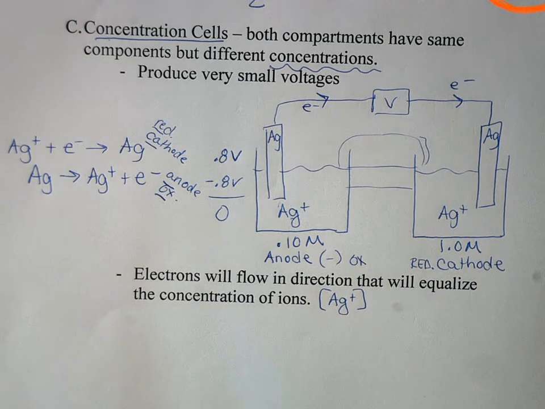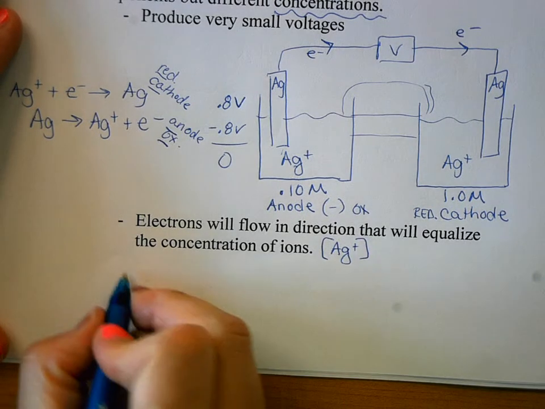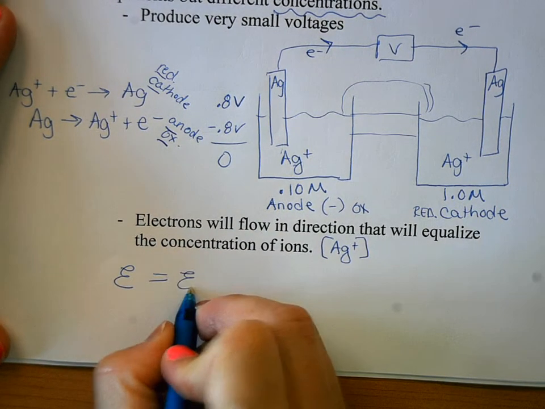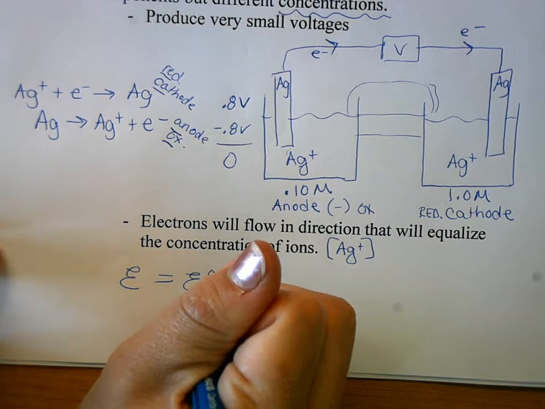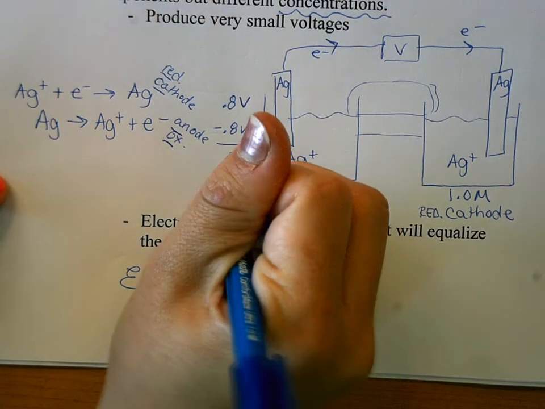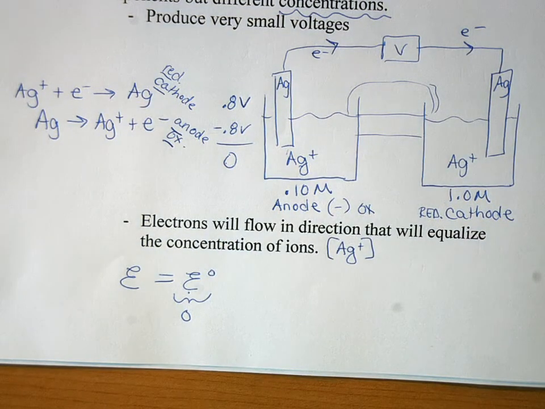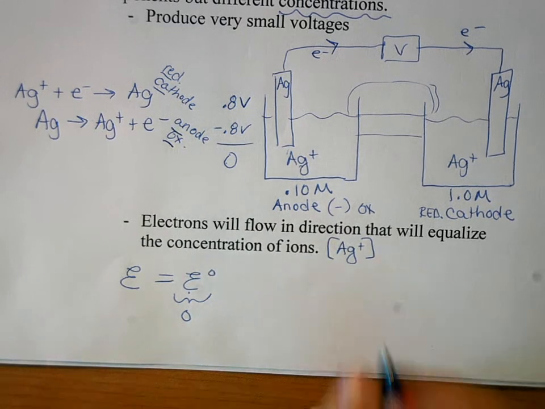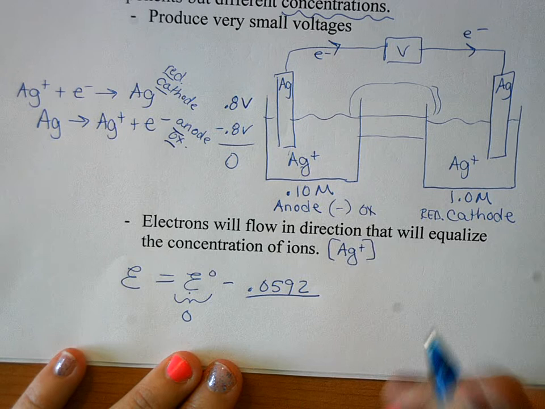And you need to figure out what that voltage reading is using the Nernst equation. So E naught, which would be my standard electric potential, for this one would be 0 when you have these concentration cells, because if they were the same concentration, there would be no flow of electrons. Minus 0.0592 over n.